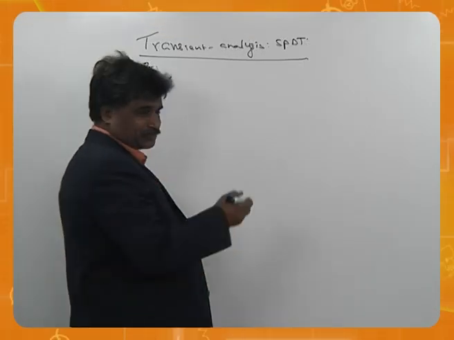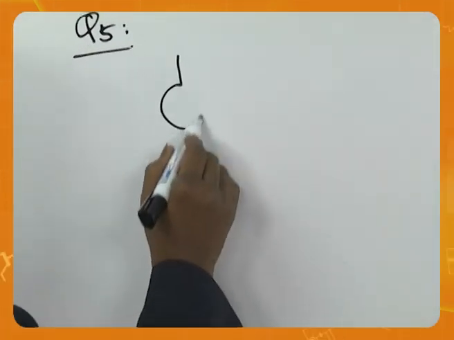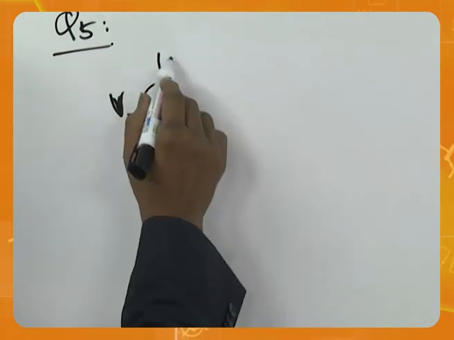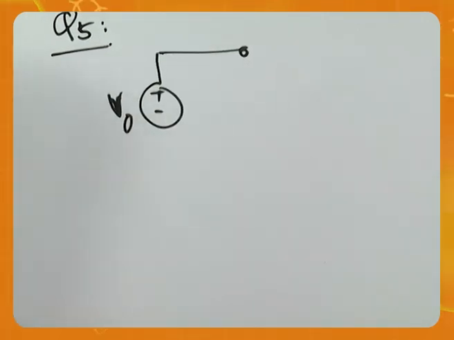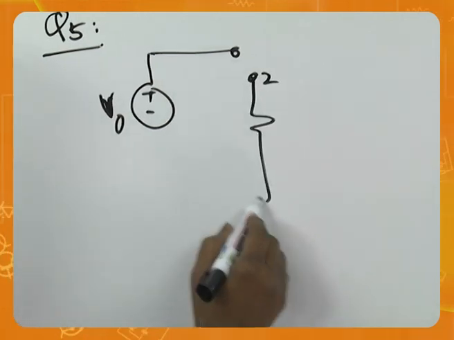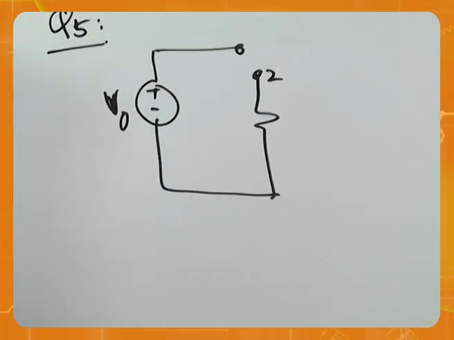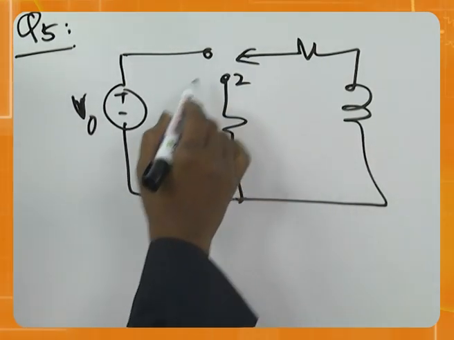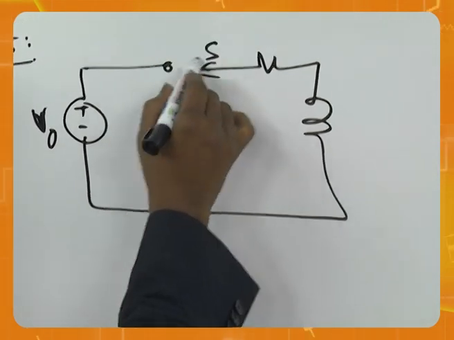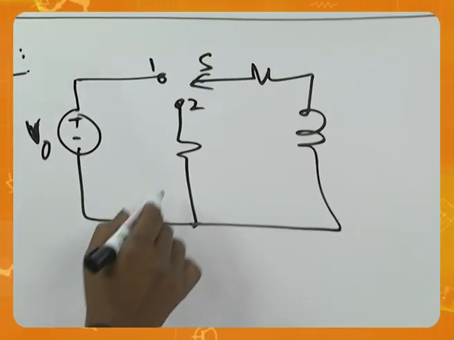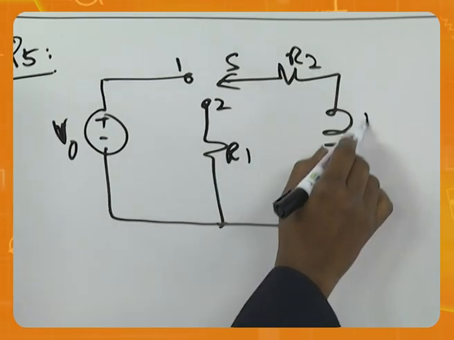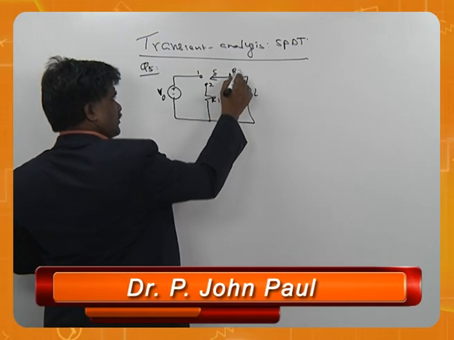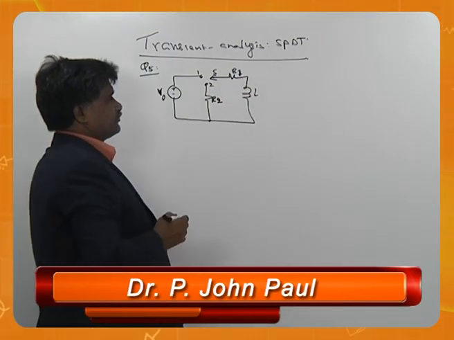For example, look at the circuit: V0, switch positions 1 and 2. For our convenience, let us say R1, R2, L. This is R1, this is R2.